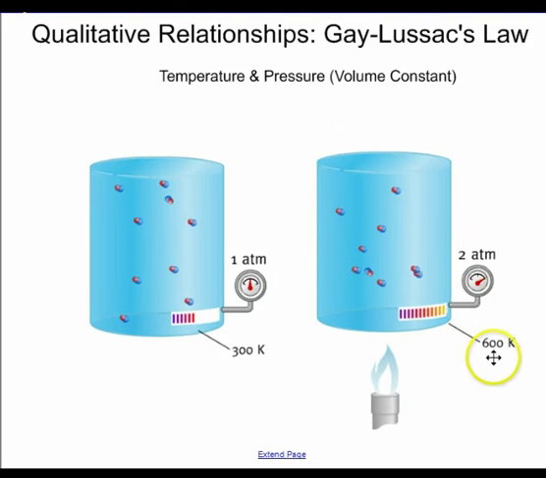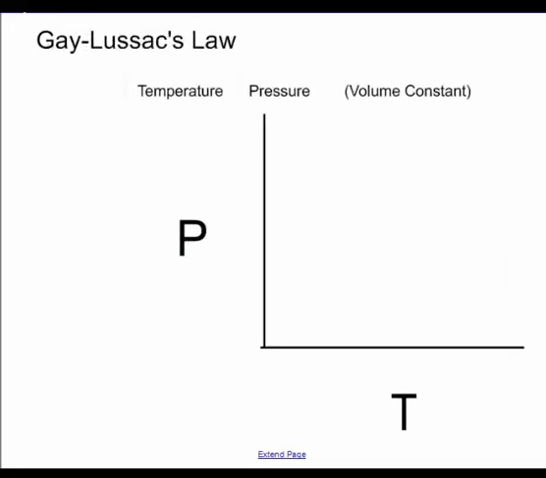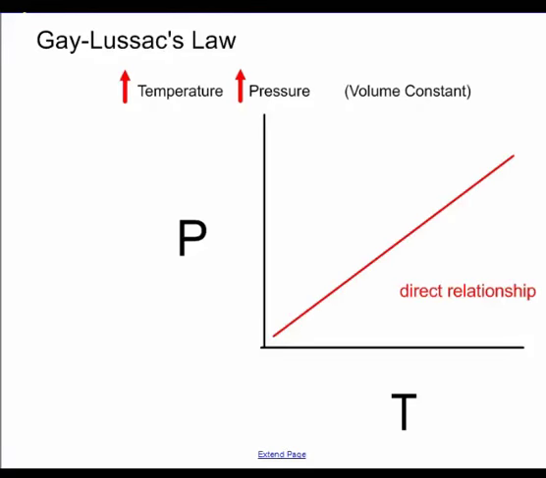So here when you have a constant volume, but temperature increases, the pressure will also increase by the same factor. Right? So this is again another direct relationship, and it will be graphically represented the same way that Charles's law was. Okay? So Gay-Lussac's law, another direct relationship.